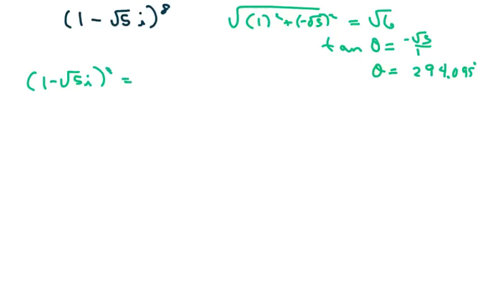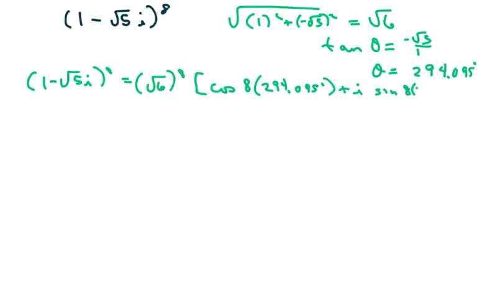So when you work this out, you're going to get 1 minus square root of 5 i to the 8th power equals, and I'm shortening this a little bit, square root of 6 to the 8th times cosine of 8 times 294.095 degrees plus i times sine of 8 times 294.095 degrees.